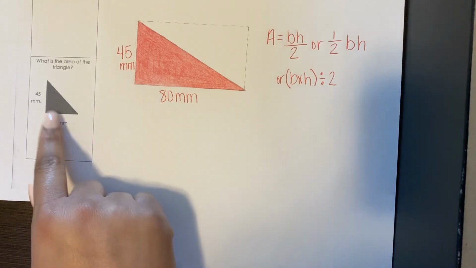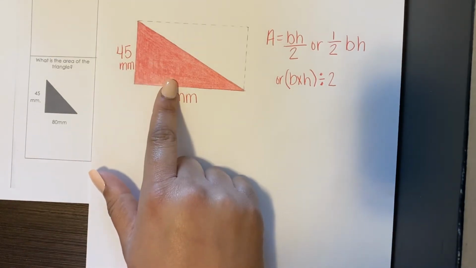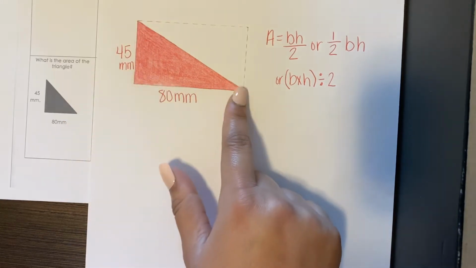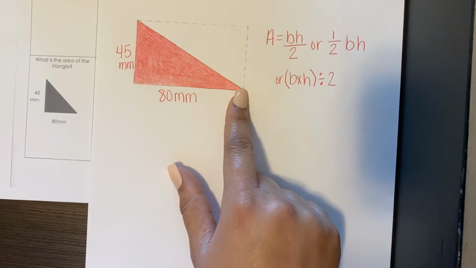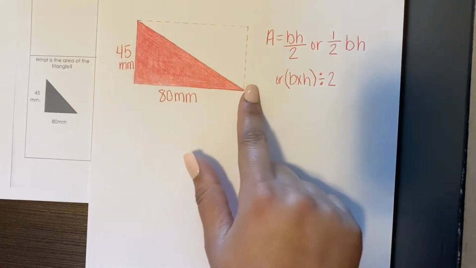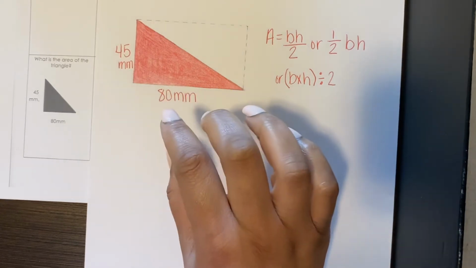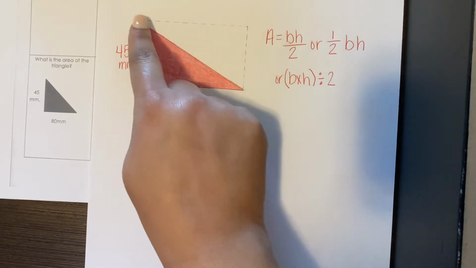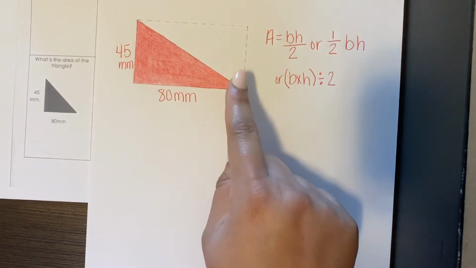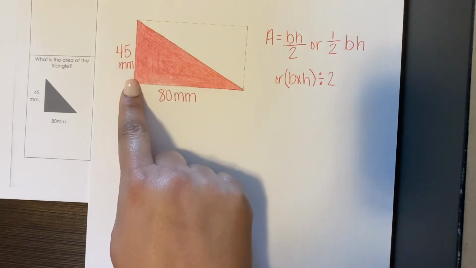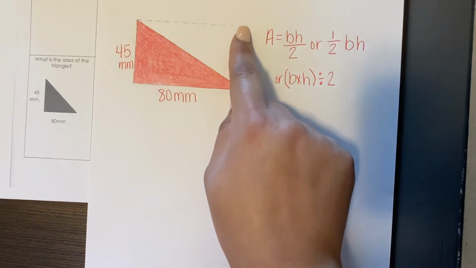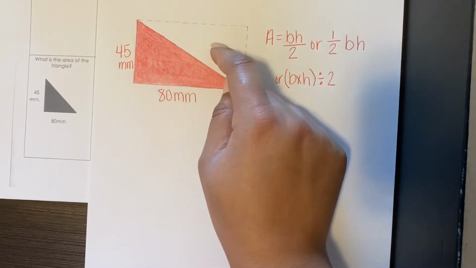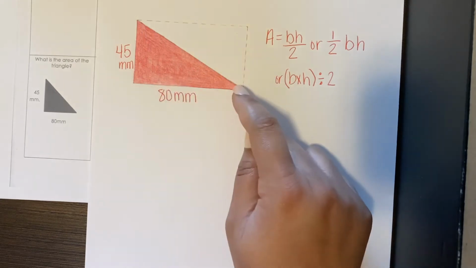So as you can see, I drew the same triangle, except I drew it to scale. This is actually 45 millimeters and this is 80 millimeters across. So we do have a length and a width. So when we have a triangle, the reason why I did an outline of a rectangle is just to show you that if I took this length and width and just carried it out, it would be like two identical triangles pieced together, one pointing this way and one pointing that way.